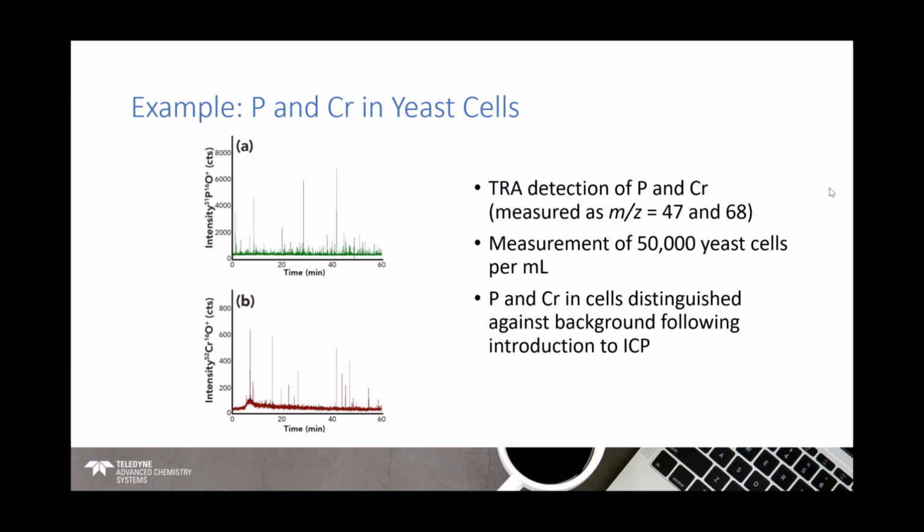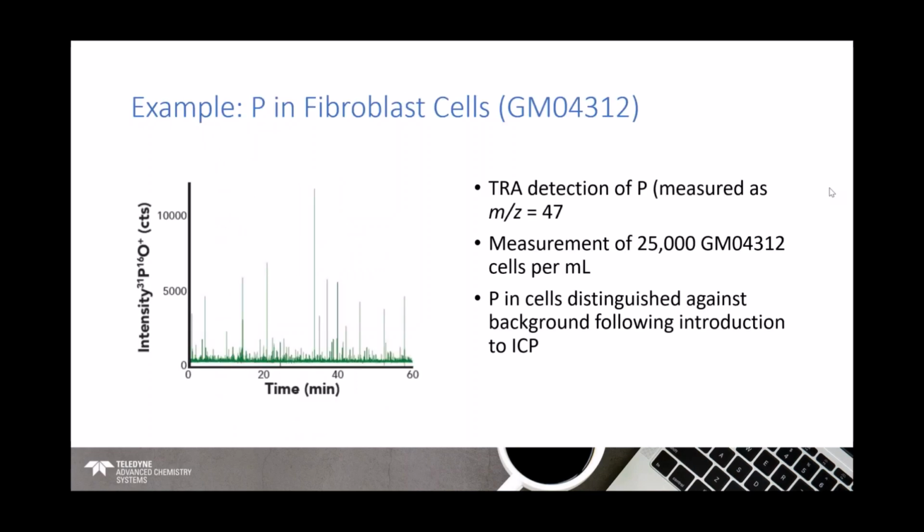And then there's something similar for the next slide, which is phosphorus in these fibroblast cells. This is just phosphorus data here, again individual events, but this was for 25,000 cells per milliliter, which is confirmed by flow cytometry. As I mentioned before with the ICP-MS, this is just time-resolved data, but as it's captured, it is then converted into the data that you want.